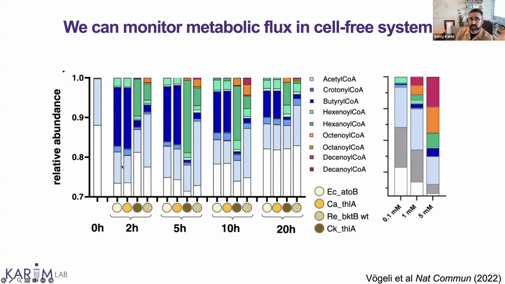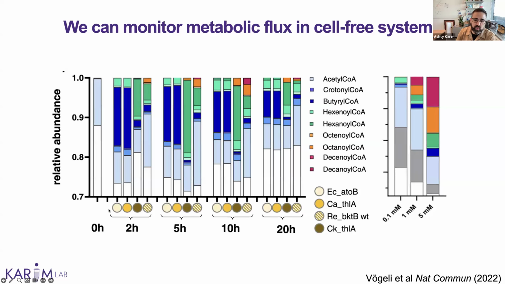And we can also look at metabolic flux through the cyclic pathway. So what I'm showing you is an experiment using SAMDI-CoA MS. So the idea is you have a SAMDI monolayer that you can pull down any of the CoA molecules in our lysates or in our cell-free reactions, and then you can observe what CoA molecules were pulled down.